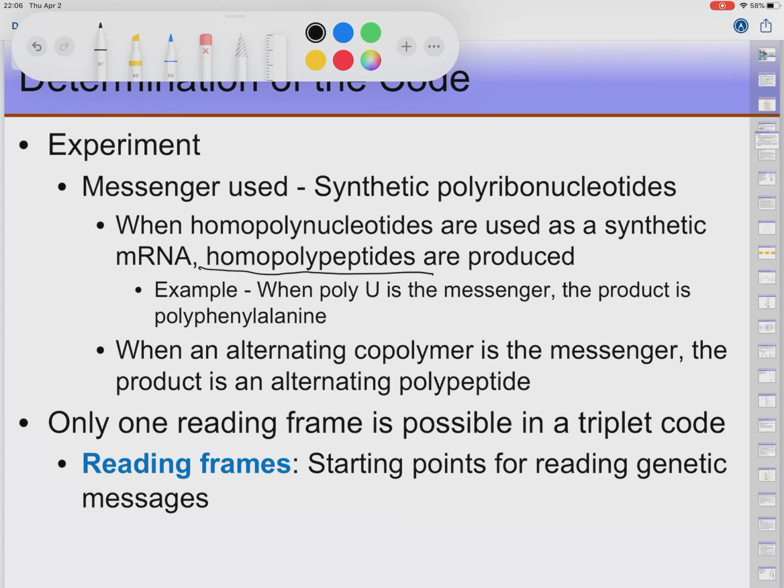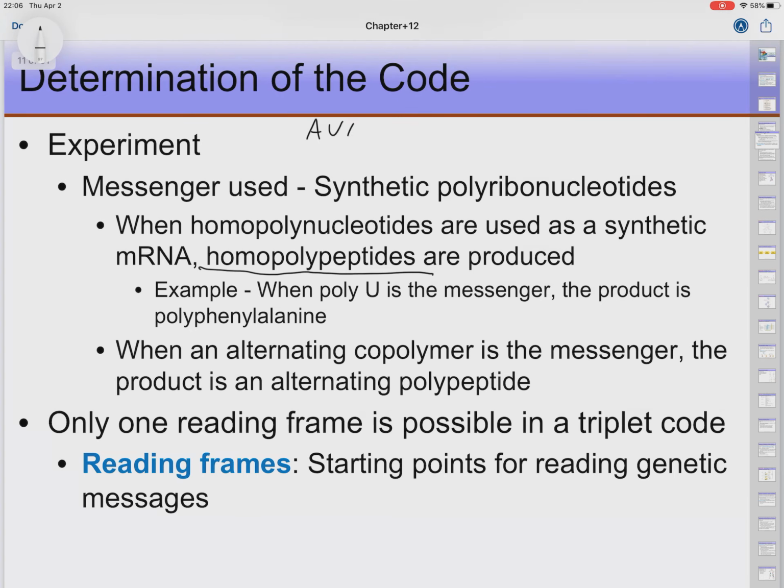They would draw something like AU, AU, AU, AU, AU, and see what comes out of that. If you see this, AU, AU, it's actually an alternating code: AUA, and then UAU, and then AUA, and then UAU.